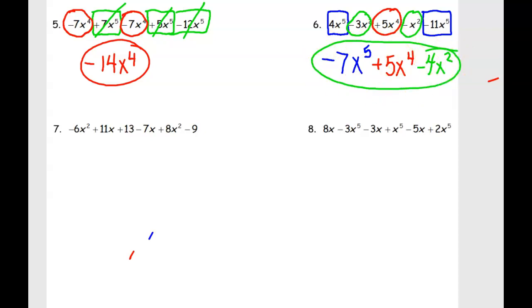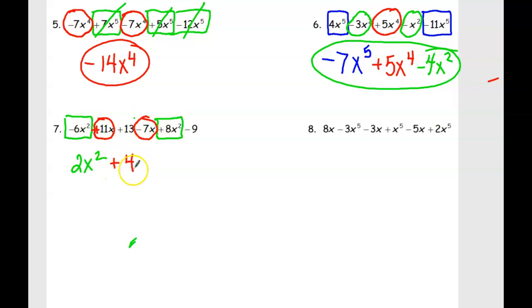All right, so again, at any point, if you want to try some, you're welcome to it. Just pause the video, see if you get the same answers. Okay, 7, I'm going to start with negative 6x squared, and I've got a positive 8x squared, so that's going to be 2x squared. I'm going to go down to 11x, that's a positive 11x, minus 7x would be 4x.